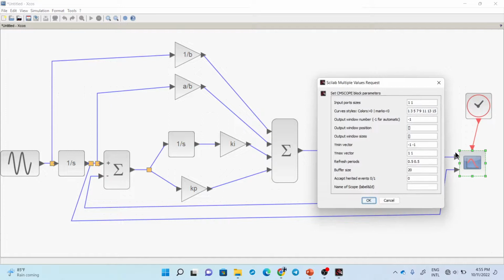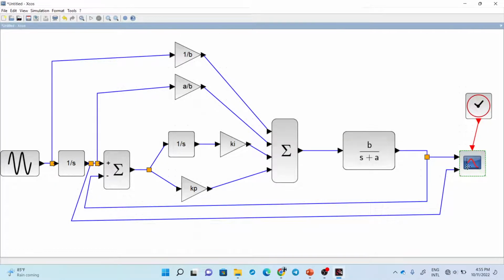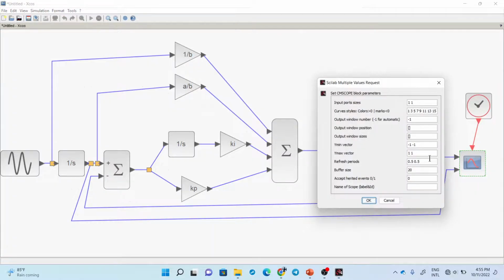This one y min and y max minus 1. Okay, I think it's good to go. But refresh period should be like 10 seconds.